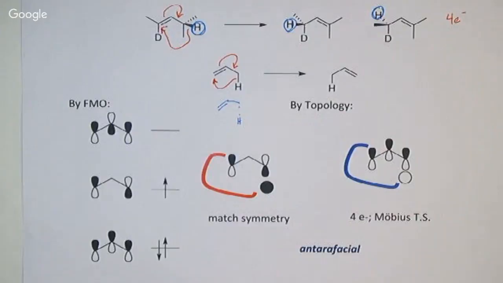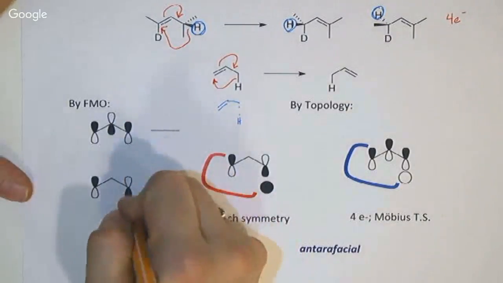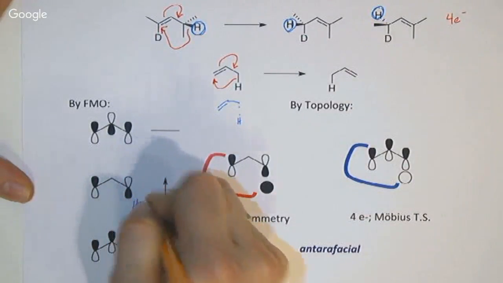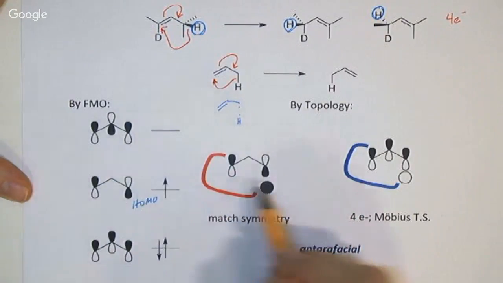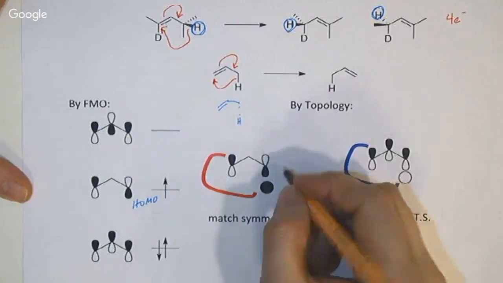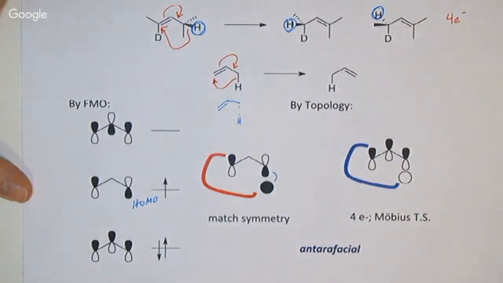When we think about it by frontier molecular orbital theory, we'll say there are only 3 electrons in this system, so we look at the second molecular orbital as our highest occupied. We choose this one, and then we choose the same phase for our hydrogen because we want a bonding interaction.